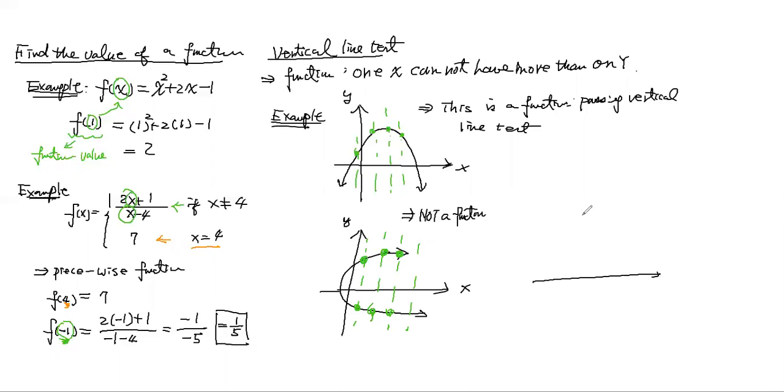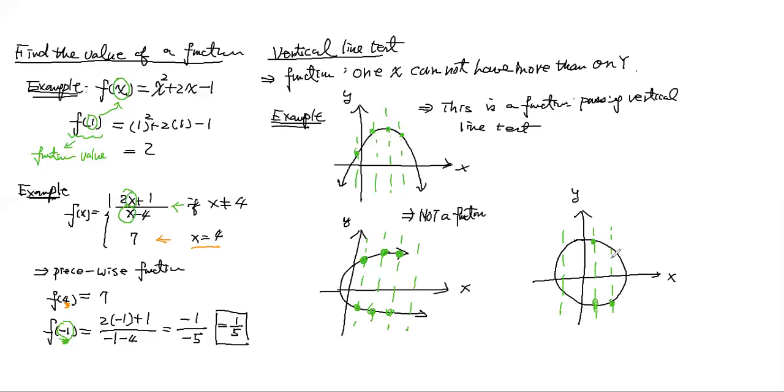Okay, let's do one more. How about if I have a circle here? Is this going to pass the vertical line test? If you have a vertical line here, here, and here, then as you see, for each vertical line, how many y's do you touch?